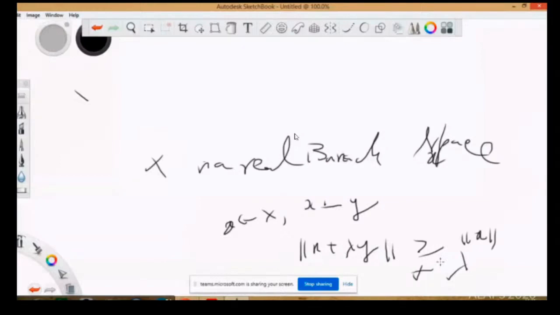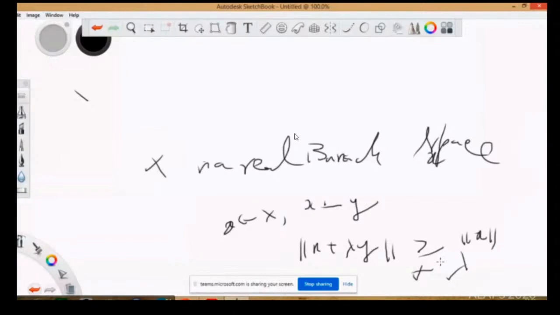And it turns out that in case of a Hilbert space, this notion of orthogonality coincides with the usual notion of the inner product of x with y being 0. That is the notion of orthogonality in Hilbert spaces.